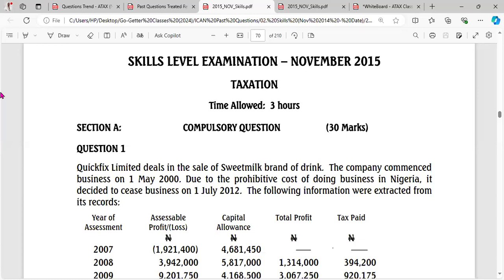The company commenced business on May 1, 2000. Now, due to the prohibitive cost of doing business in Nigeria, it decided to cease business on July 1, 2012. The following information were extracted from its record.